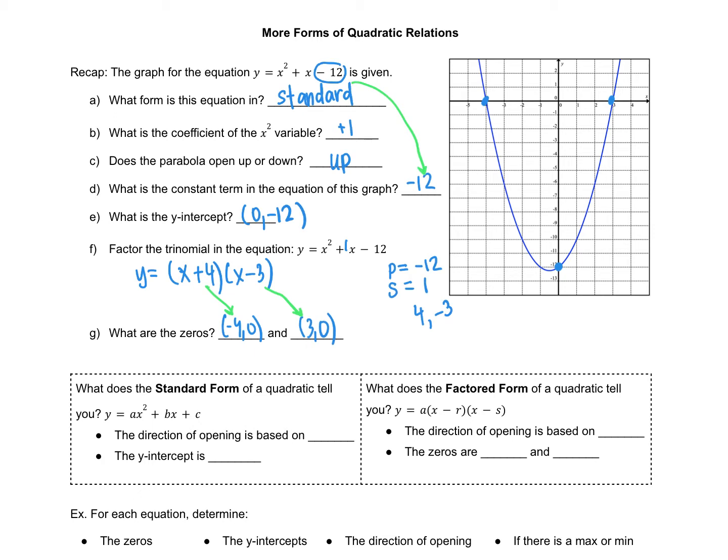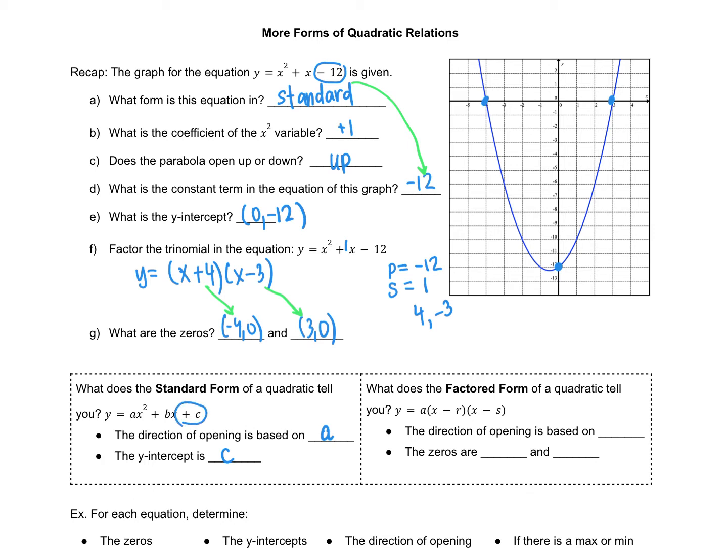So, what does the standard form of a quadratic tell you? The direction of opening is based on a, so the value in front of x squared. The y-intercept is always the constant, which is c, if we look at the generic form.